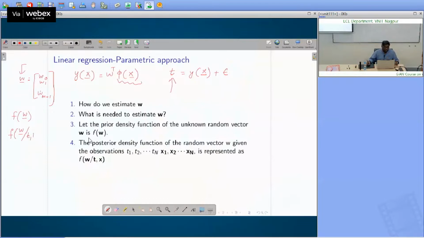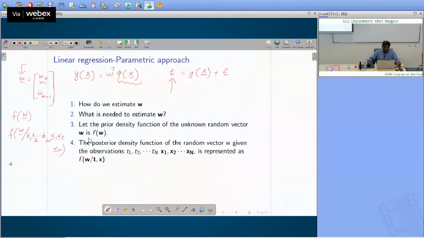The observations are T1, T2 and so on up to Tn, because that is the data given to you, and the corresponding values x1, x2 and so on up to xn. Conditioned on x1 to xn and the corresponding observations T1, T2, T3 and so on, you need this density function value, f of W.